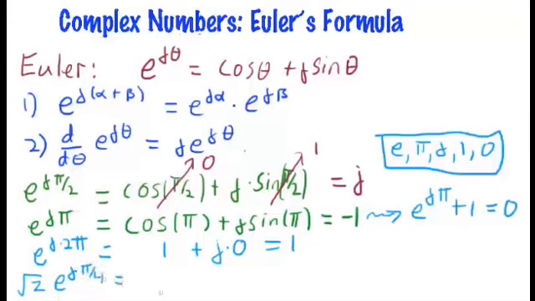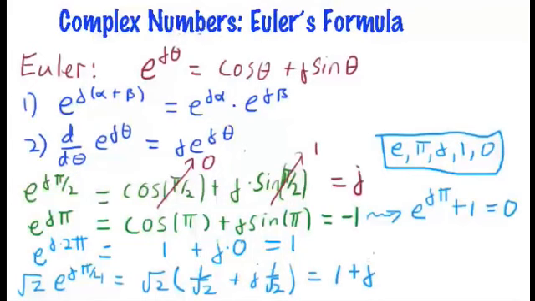This is root 2 times what we get from Euler's formula: cosine of pi over 4 is 1 over root 2 plus j times sine pi over 4, which is also 1 over root 2. So we end up with 1 plus j. These are fun formulas, but what makes Euler's formula useful is its relation to polar coordinates, which we'll get to on the next slide.